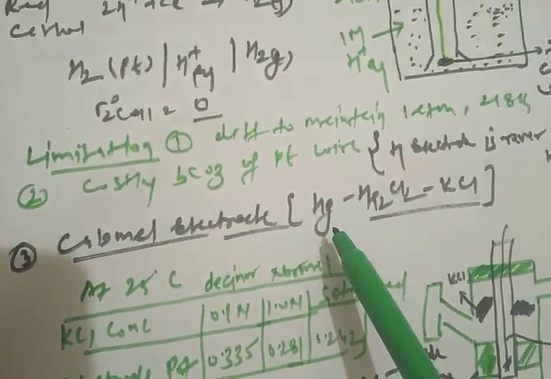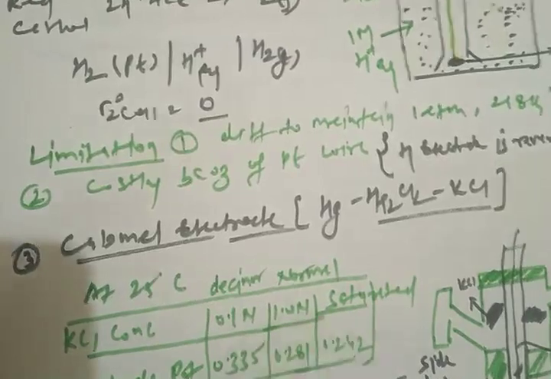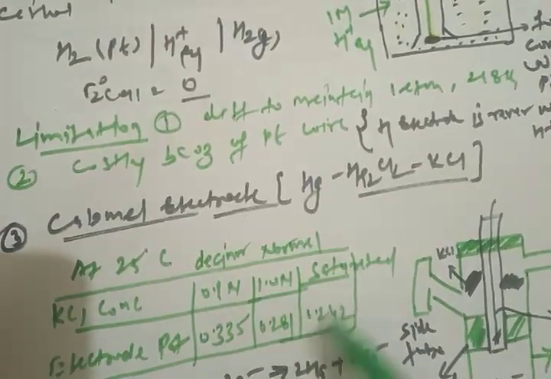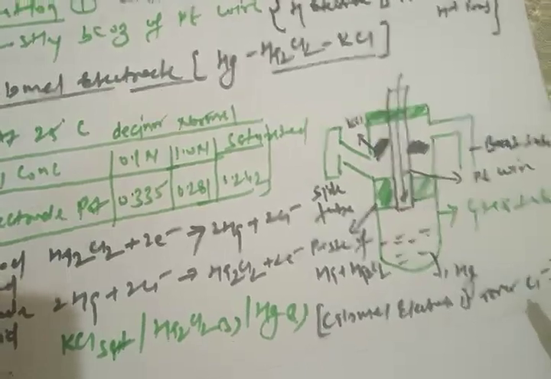The third one was the calomel electrode, also called the mercury, mercurous chloride, KCl electrode, which has different electrode potential values at different concentrations. And this calomel electrode is reversible with the chloride ion.